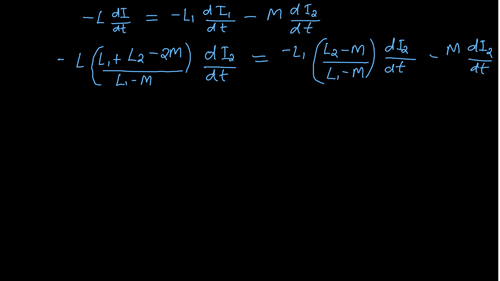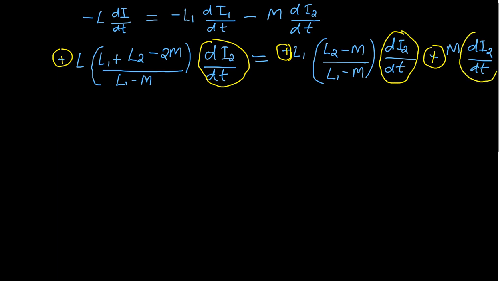We can cancel all these negative signs to plus sign on both sides, and di2 by dt is common in RHS and LHS, so we can cancel this term.